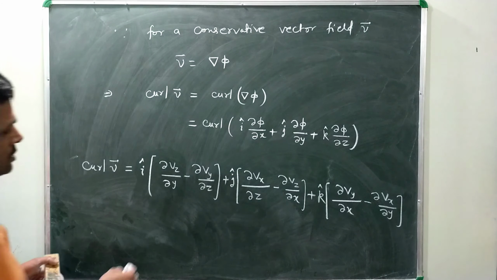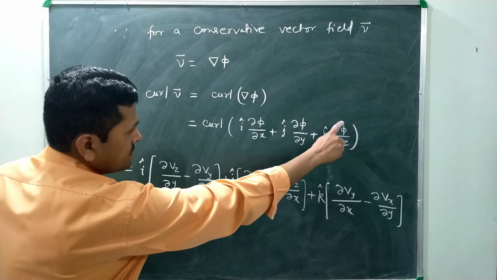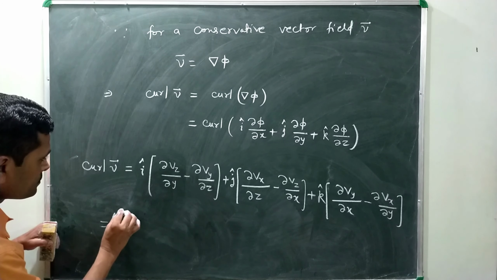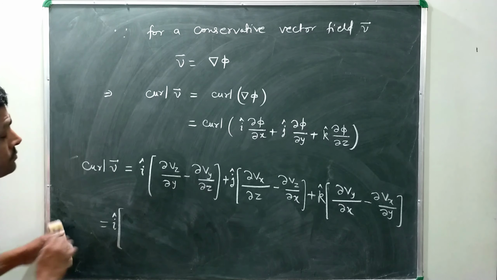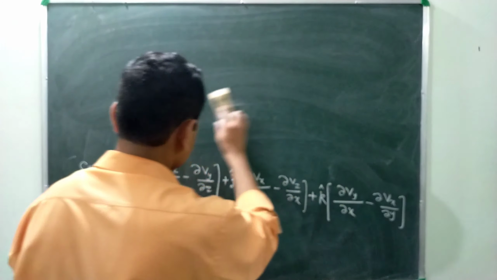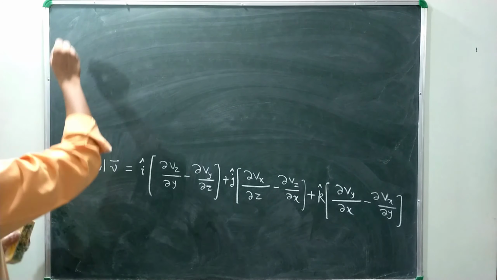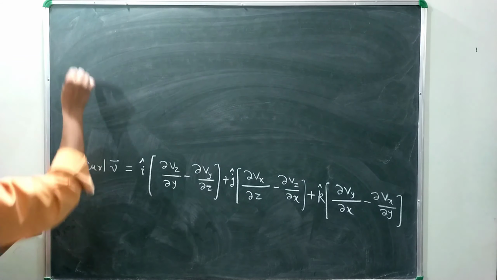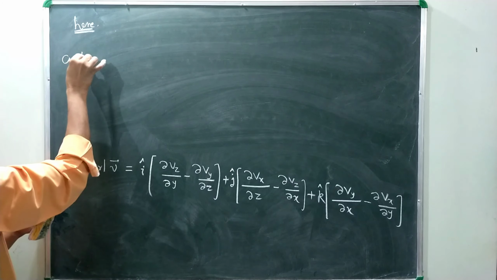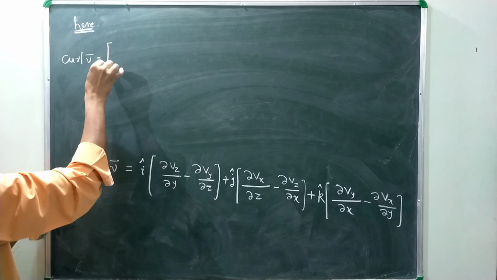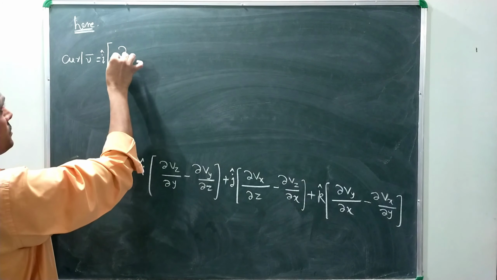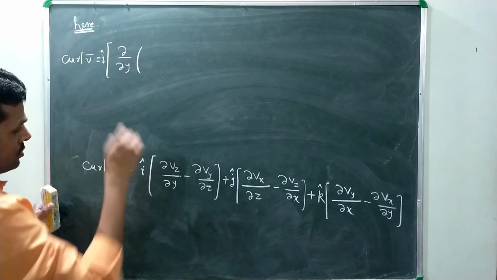So here what is Vz? Vz is dou phi by dou z. So write down here, curl of vector V is equal to i cap dou by dou y of, what is Vz?